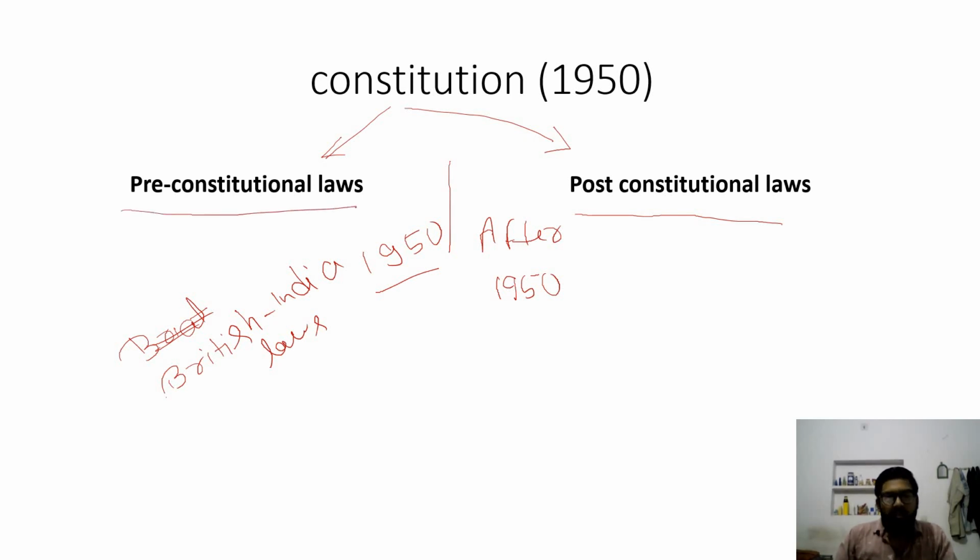I can give some examples like the Indian Penal Code, IPC. IPC is basically a pre-constitutional law. And we know about various laws like the Farm Bill. Farm Bill is a post-constitutional law. Farm Bill, IT Act, various things. Okay, those are post-constitutional laws.